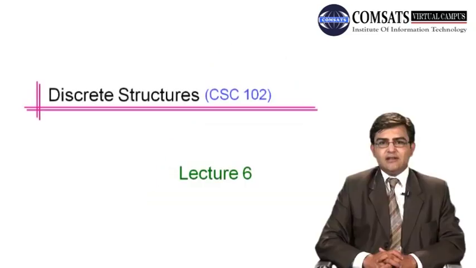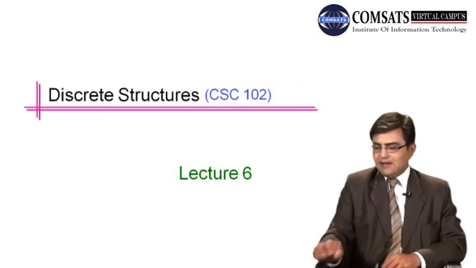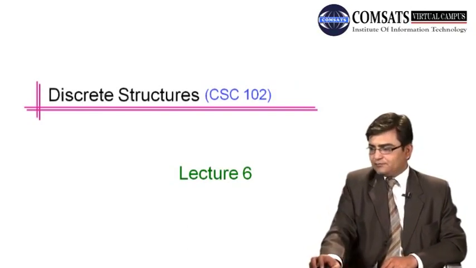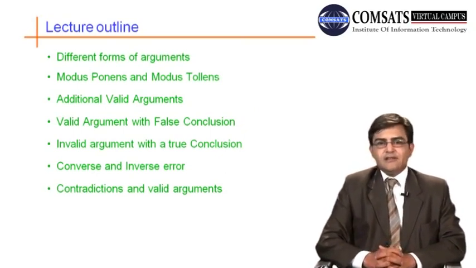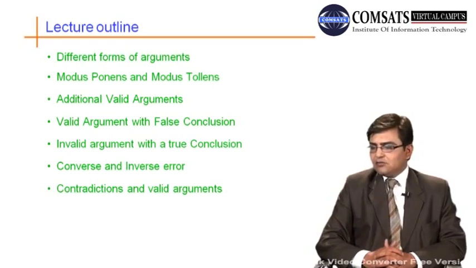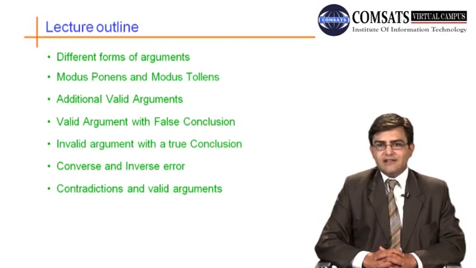The lecture outline is as follows: first of all, I shall define what an argument is and the different forms of arguments. Then we shall study modus ponens, modus tollens, and some other additional valid forms of arguments.